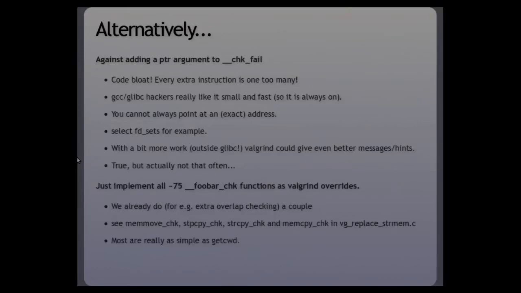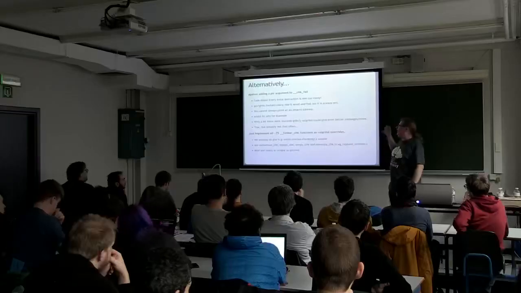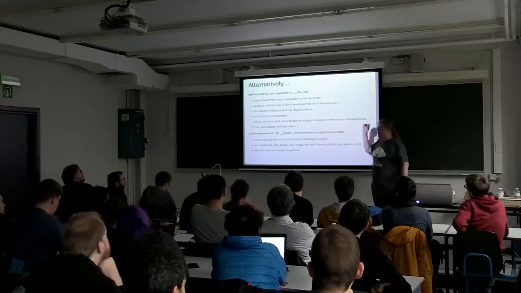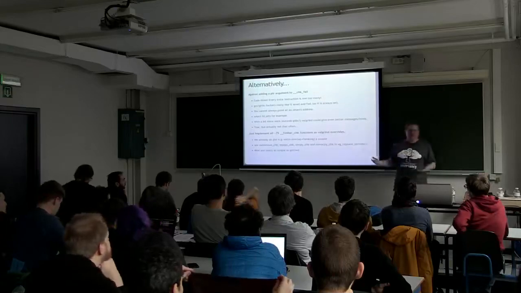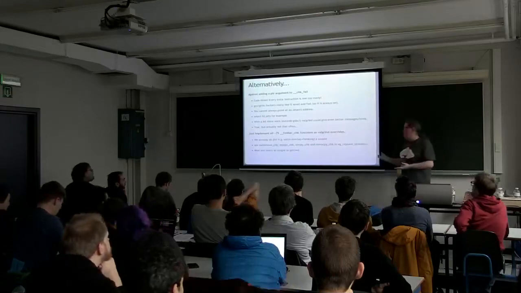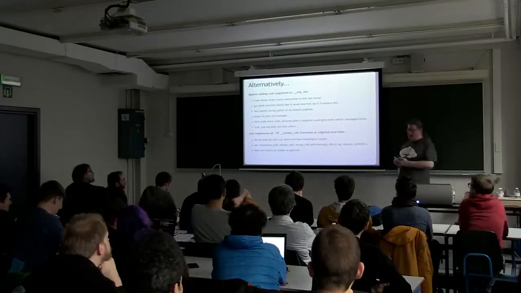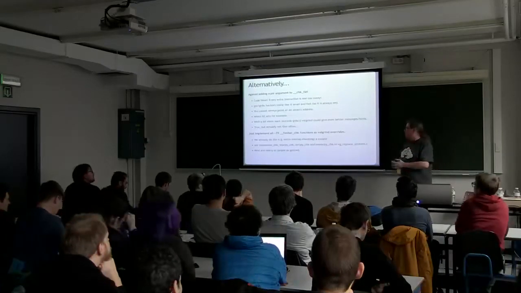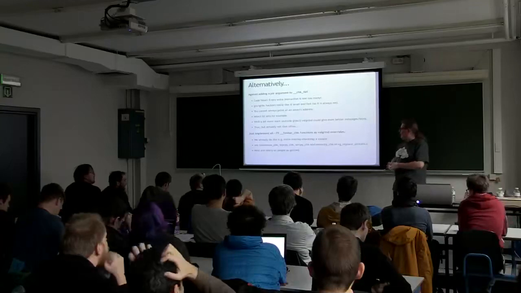You have to pass an argument, you have to calculate the argument. Every instruction is one too many. So yeah, they kind of have a point. They really want this to be always on. So anything that might get people to turn it off, they don't want it.